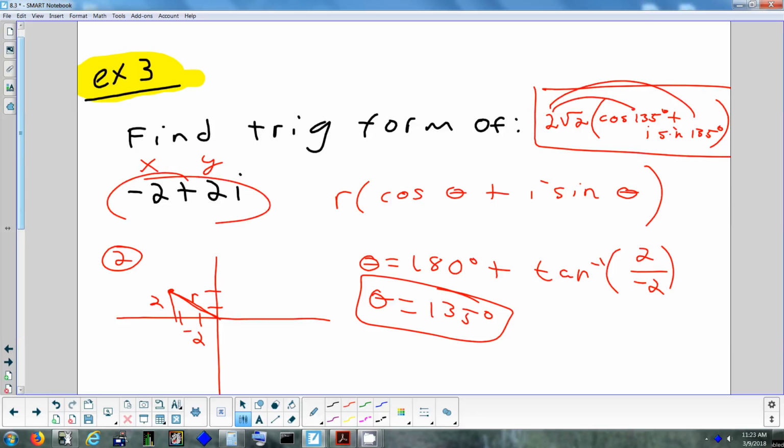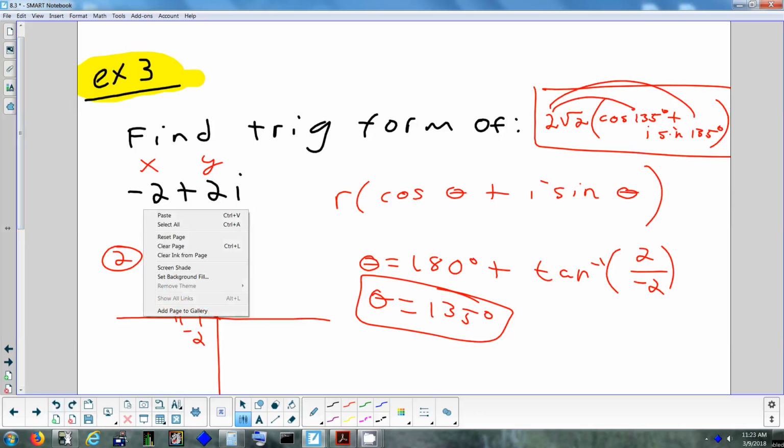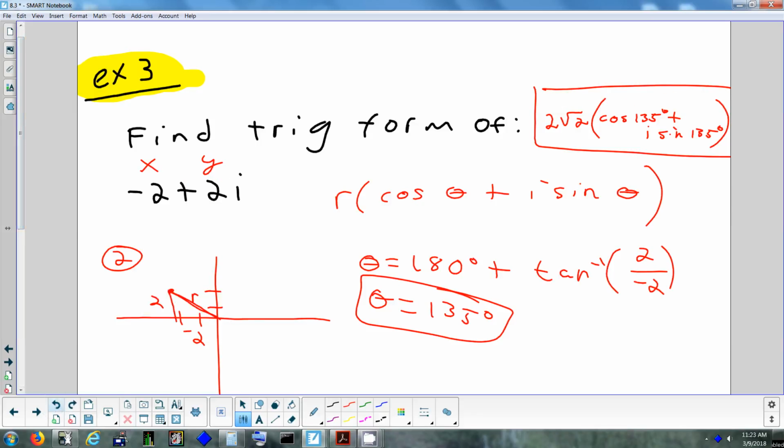So that's actually a good way to check your answer. If you want, take the cosine of 135 and distribute what's on the outside. You should get -2. Take the sine of 135, distribute what's on the outside. You should get +2. Okay? But we're not checking it. Okay, we're going to practice a couple more of those.